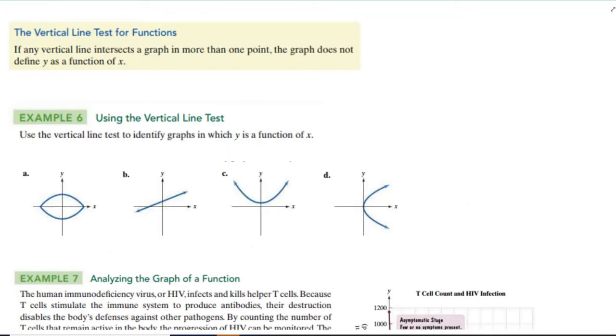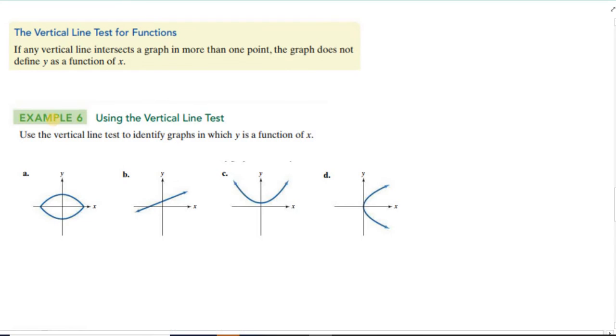Alright, let's move on to the vertical line test for functions. If any vertical line intersects a graph in more than 1 point, the graph does not define y as a function of x. Alright, for example 6, use the vertical line test to identify graphs in which y is a function of x.